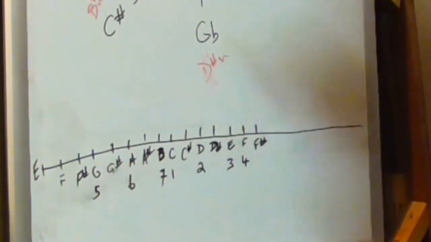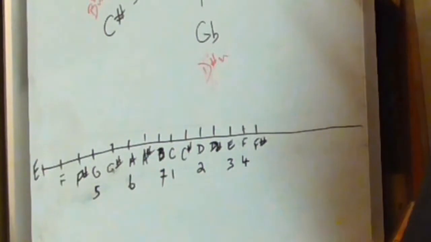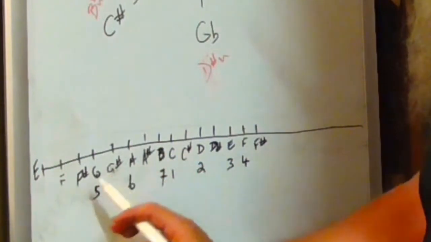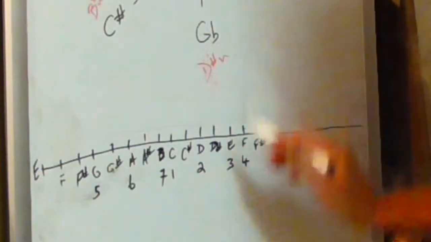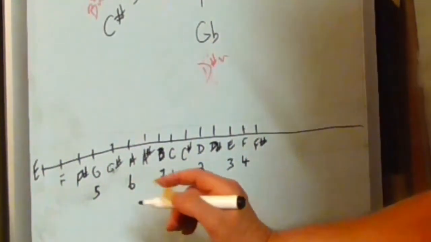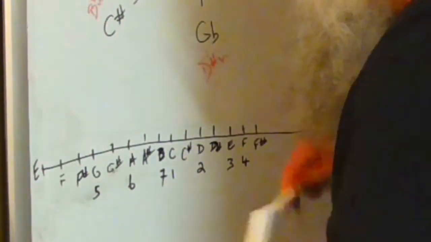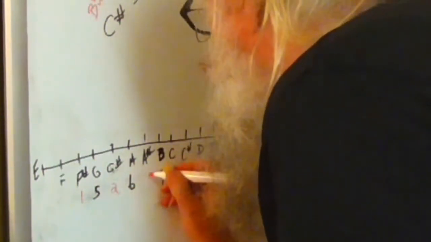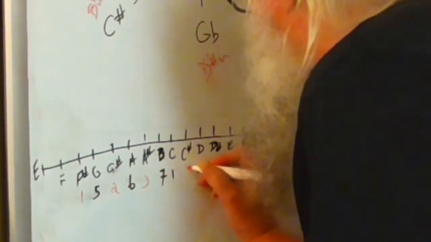We'll get rid of that C. 1, 2, 3, 4, 5, 6, 7. This is all on the one string. And then with the F sharp, I'll use red. 1, 2, 3, 4. Is that right?